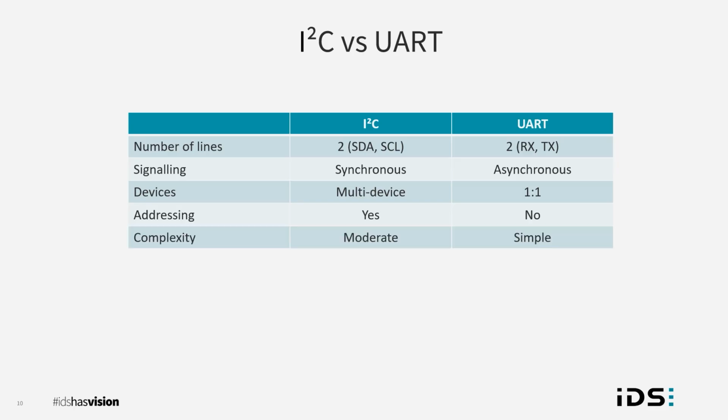And you might say that because UART is point-to-point, it is a simple interface, and as I2C supports multiple devices, the complexity can be seen as higher, but needn't be if you only have a single device connected. We can also add the speeds of up to 1 megabit per second on UART and 3.4 megabits per second on I2C, and this may have some bearing on which interface to use.